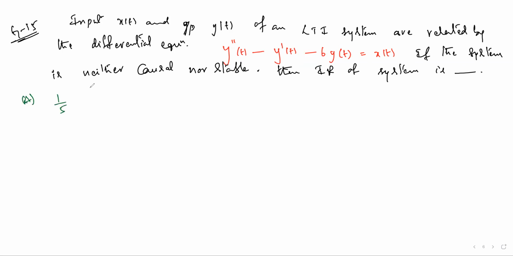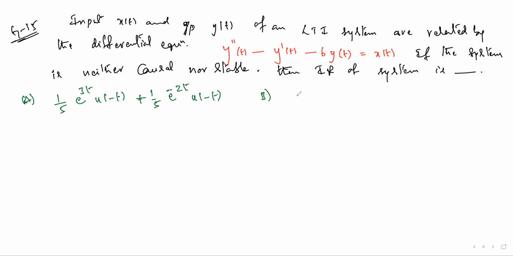Option A: 1 by 5 e to the power of 3t u of minus t plus 1 by 5 e to the power of minus 2t u of minus t.